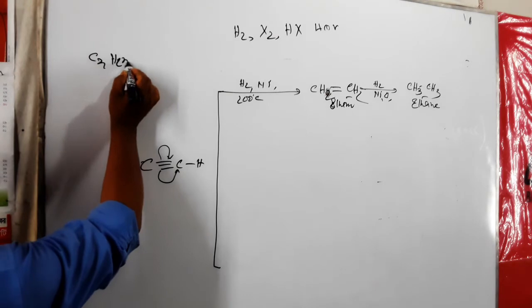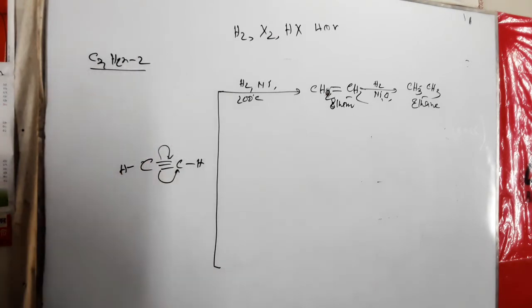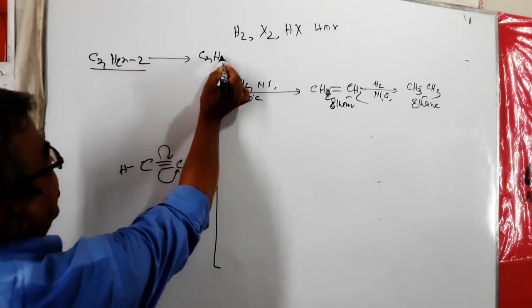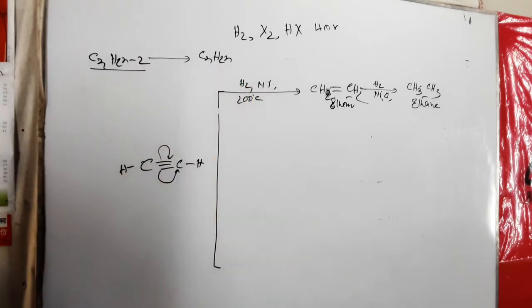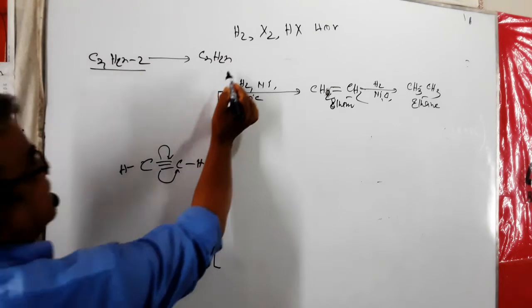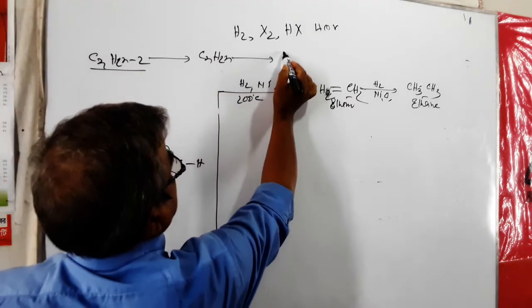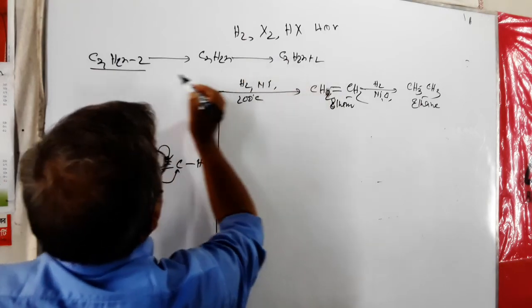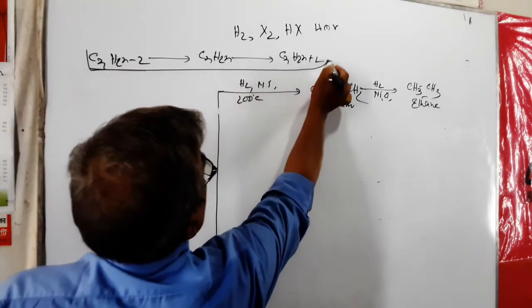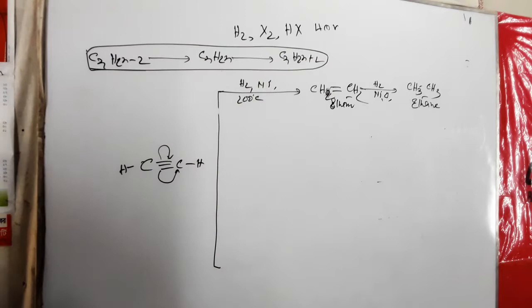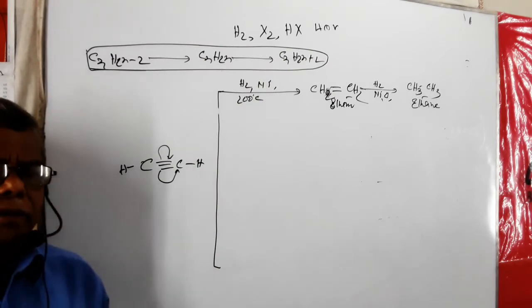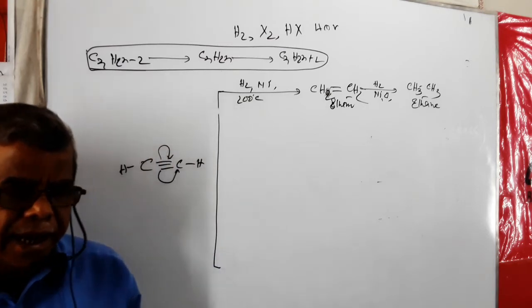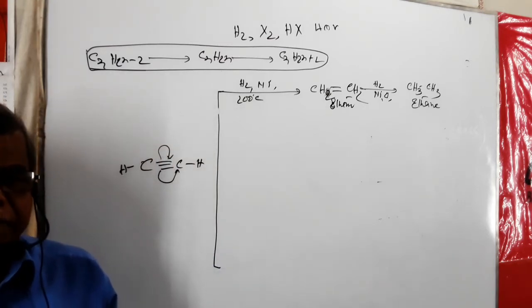All CnH2n-2 alkynes are first converted into alkene, then in the next step it will be alkane. This is the process of how alkynes are converted into alkanes by addition of hydrogen in the presence of nickel catalyst at 200 degrees Celsius temperature.